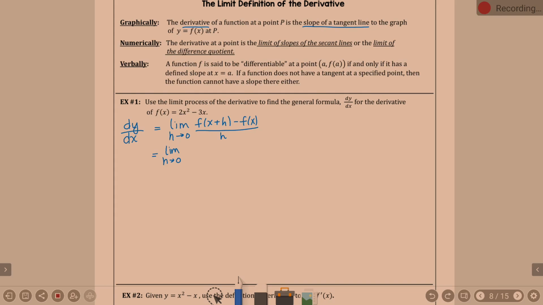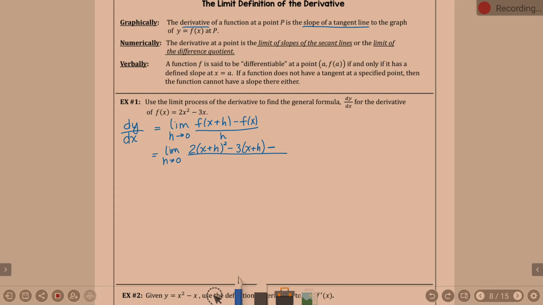It's what we've been doing. It's what you did in homework, right? f of x plus h. Every place I see x, I'm replacing it with x plus h. So 2x squared becomes 2 times x plus h squared, minus 3 times x plus h.